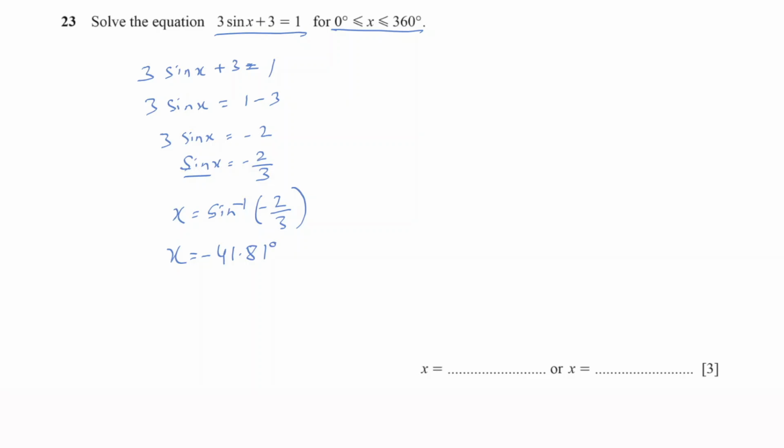Okay, but I want the answer that should lie between 0 and 360, correct? 0 and 360, that is the condition. But I'm getting an answer that is negative, meaning less than 0, right? So what you have to do is draw the diagram of the sine graph. You should know all the three graphs, but we will be taking the sine graph here.